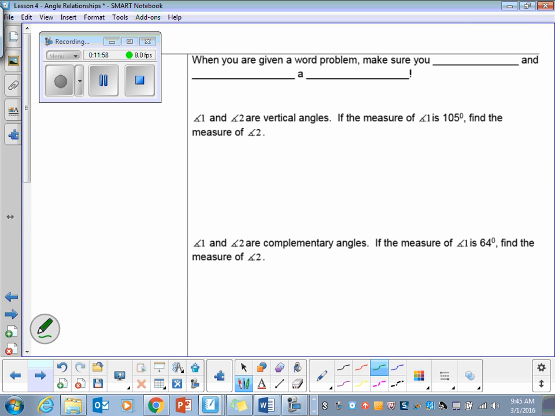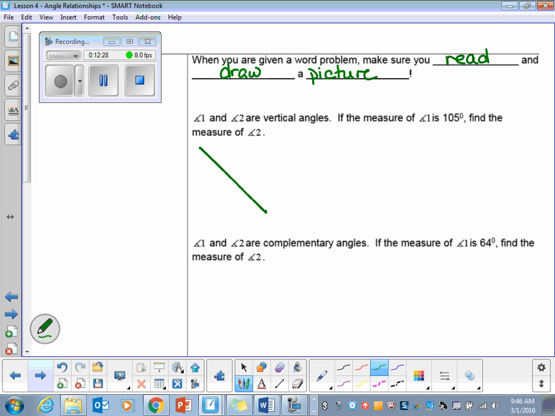Alrighty, so when I'm given a word problem, make sure you read and draw a picture. I can't tell you how often people just focus on the numbers and they don't actually read the problem. All right, angle 1 and angle 2 are vertical angles.